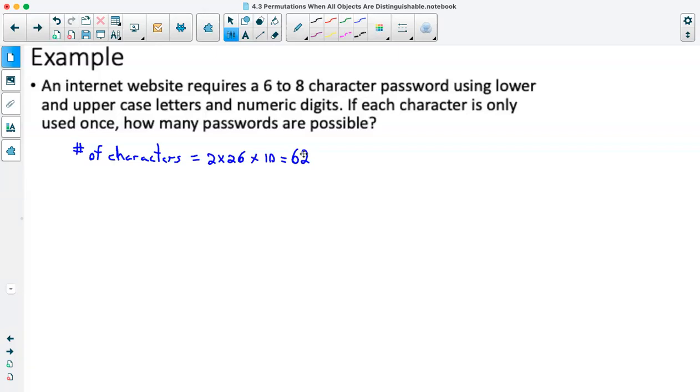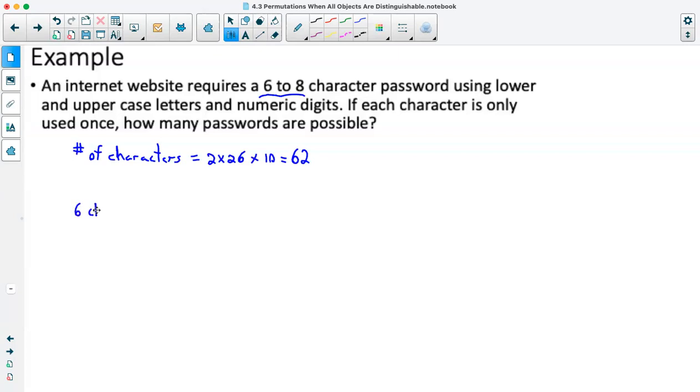Now we can use this formula we just came up with because we're told we're not allowed to repeat any characters. One thing that adds a little to this question is that it requires 6 to 8 characters. So we have to figure out how many 6-character passwords are possible, how many 7-character passwords are possible, and how many 8-character passwords are possible.